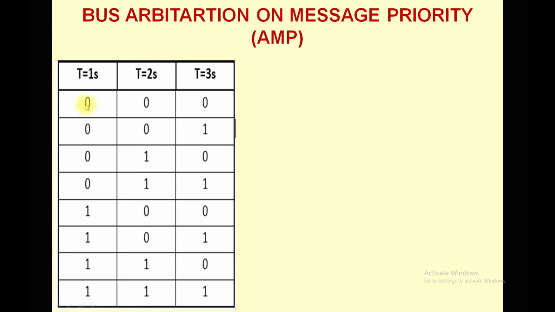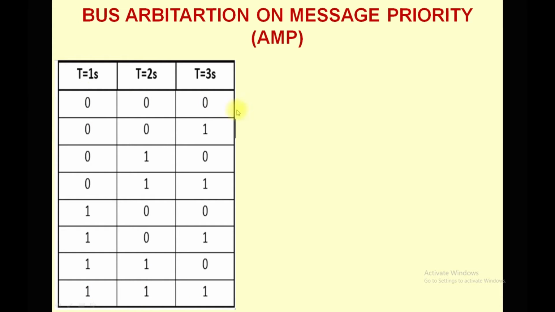Say for example, the first message has the message ID 000, coming from one node. The second message has the message ID 001, coming from the second node. The third message is coming from the third node with the message ID 010. Similarly, the 8th message is coming from the 8th node with the message ID 111.